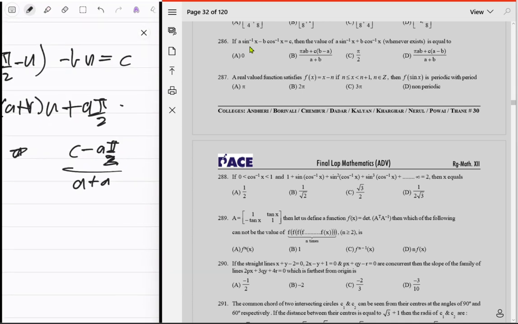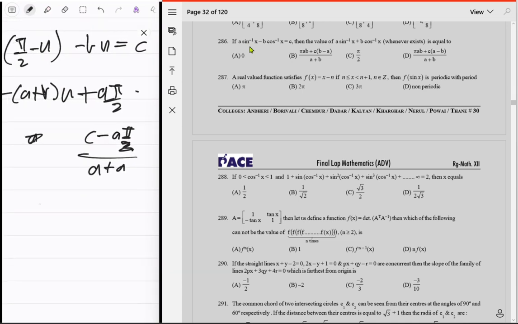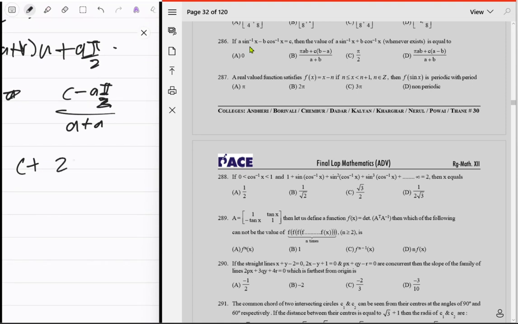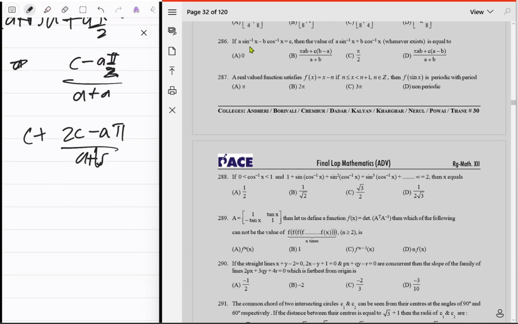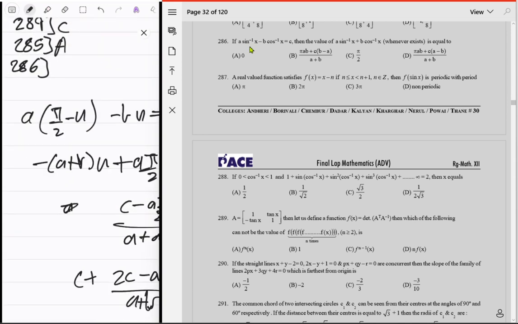So I take 2 times of this and add it, C plus 2 times of this, 2C minus A pi upon A plus B, where we need B of course. It just becomes C times of A minus B, but that's not the thing, right?